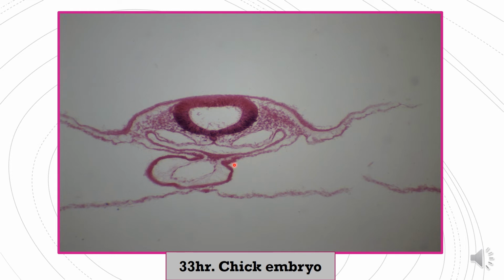This mesentery is called the mesocardium. If I point here, what will you tell me? The dorsal mesocardium. A single heart tube is suspended by the dorsal mesocardium.